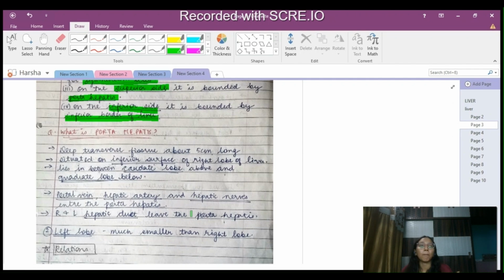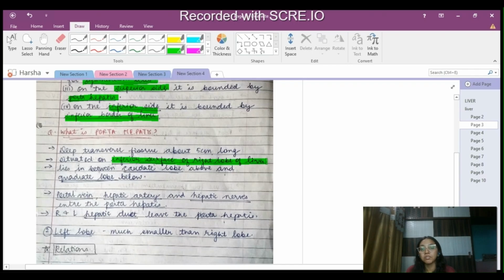The porta hepatis is a structure present on the posterior surface of the liver. It is a deep transverse fissure about 5 centimeters long. Where is the porta hepatis situated? It is situated on the inferior surface of the right lobe of the liver.